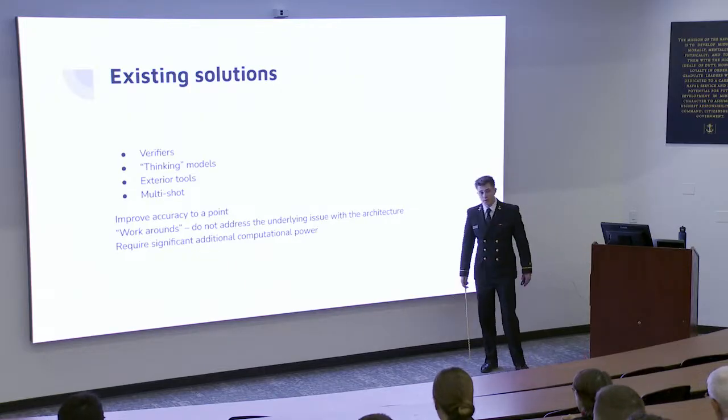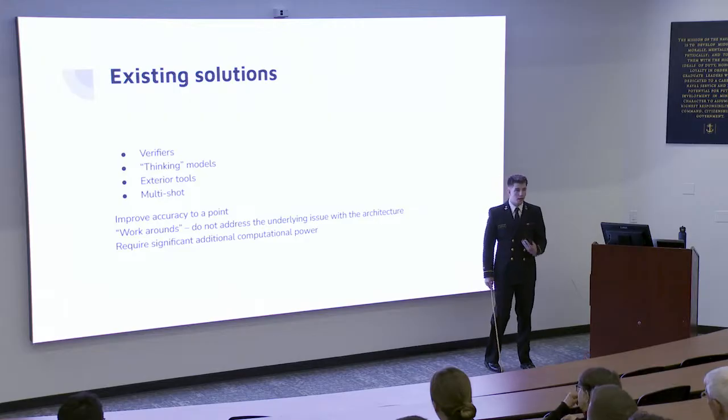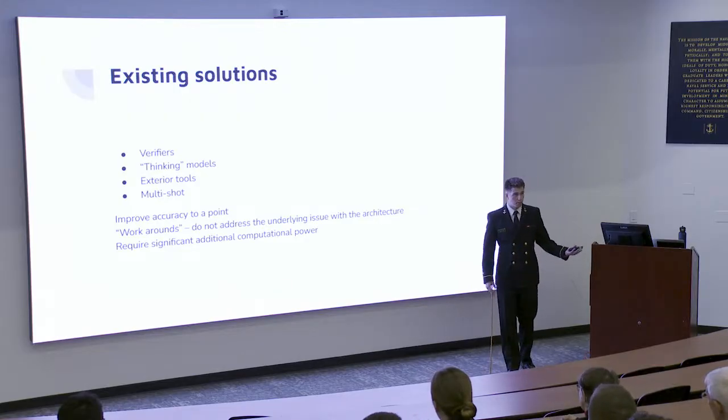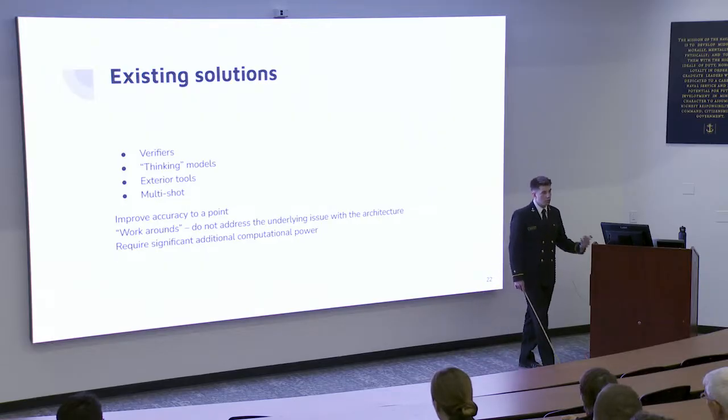Exterior tools can be used, such as giving ChatGPT the opportunity to run its own Python code so that it doesn't actually need to solve the problem for itself, but rather rely on an outside function call. And finally, multi-shot, where a researcher provides the architecture with several correct examples before asking it to provide an answer.